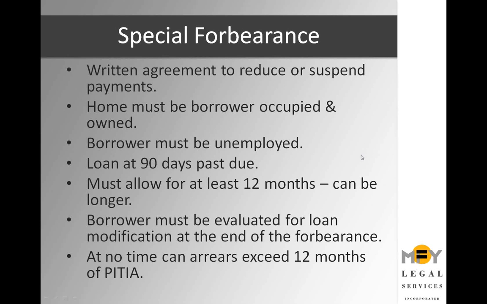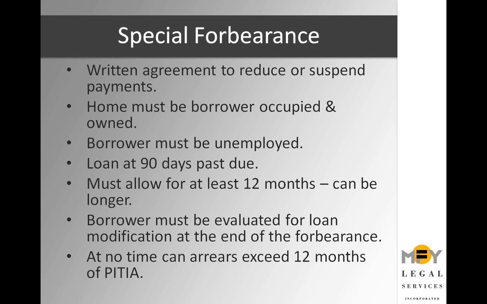This is when the loan is at least 3 months past due, and it must allow for at least 12 months of forbearance. After that forbearance, the borrower has to be evaluated for a modification or something to bring the loan current, but at no time can the arrears exceed 12 months.